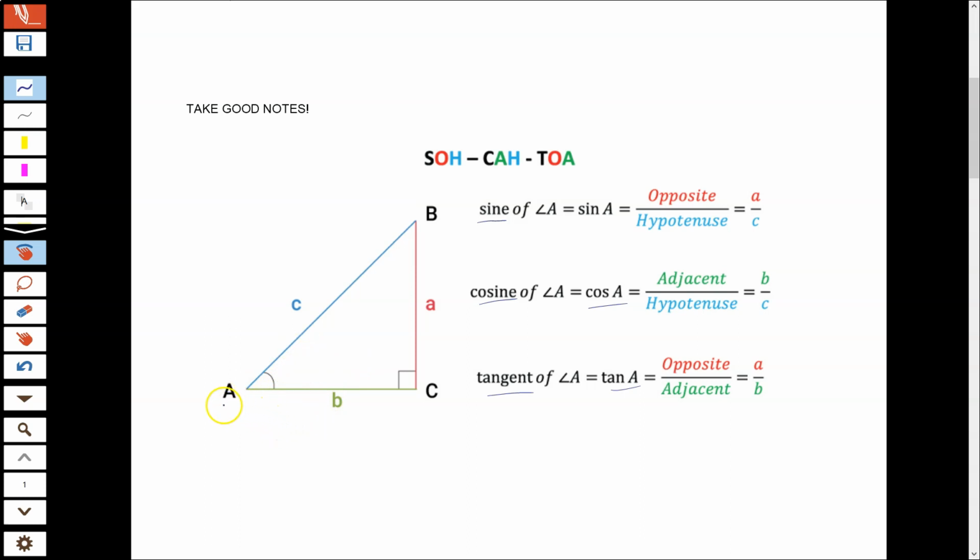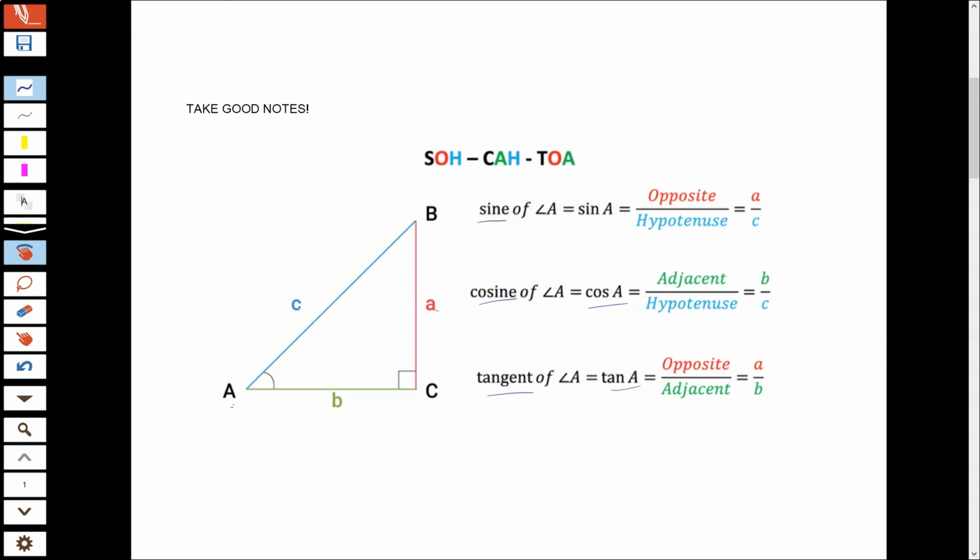If we're looking at A, notice the different relationships of A. Sine of A involves the red side, the opposite side, and the hypotenuse, right? Whereas if I was standing on top of the building and looking down, I would need a different relationship to compare that red side to the hypotenuse.